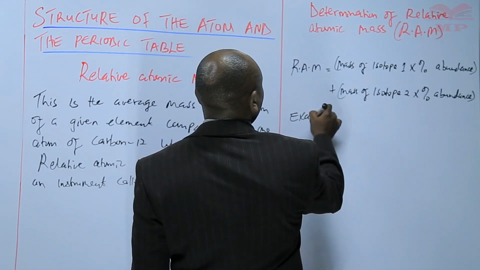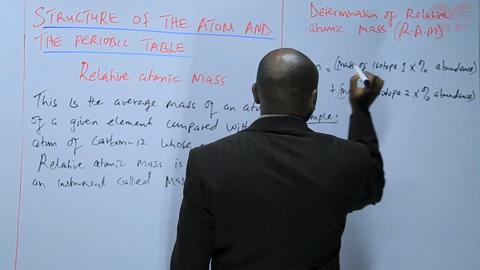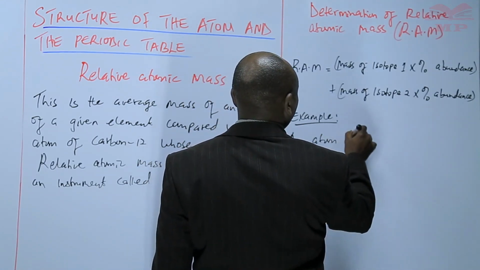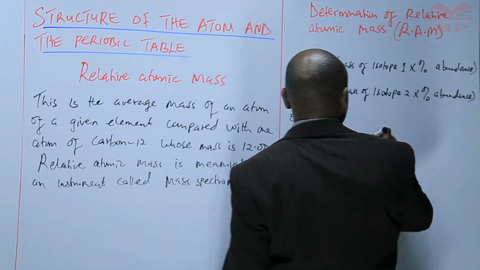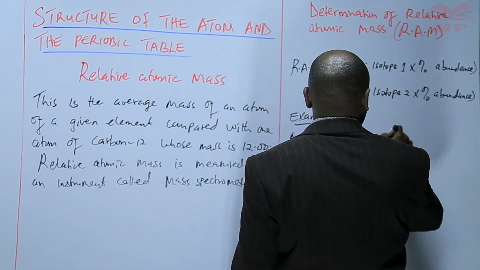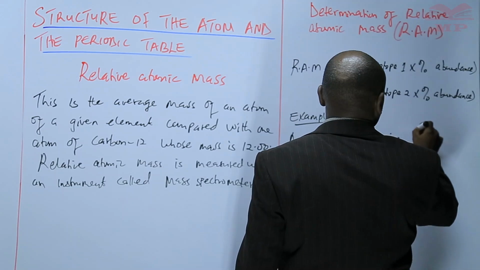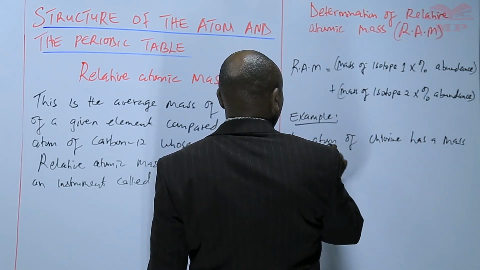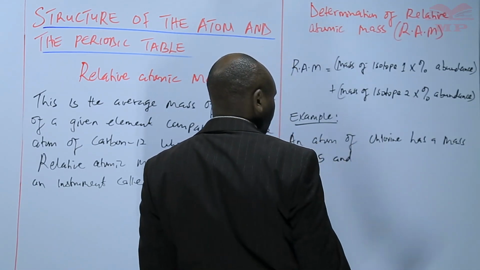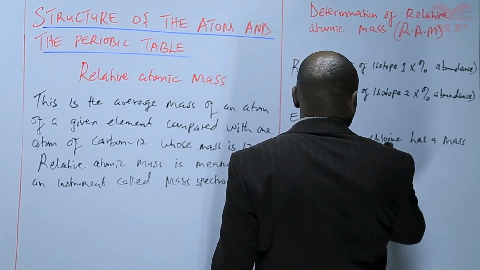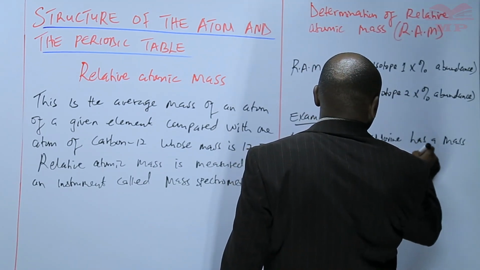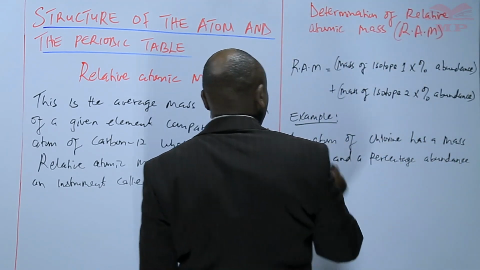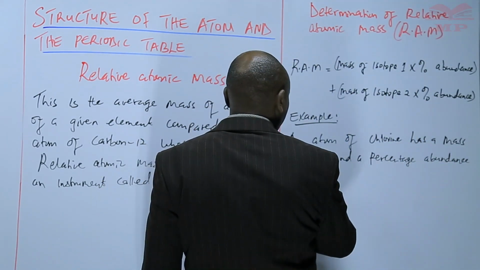Let's take an example. An atom of chlorine has a mass of 35 and a percentage abundance of 75%.